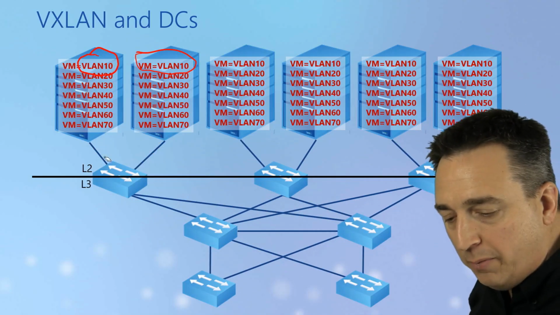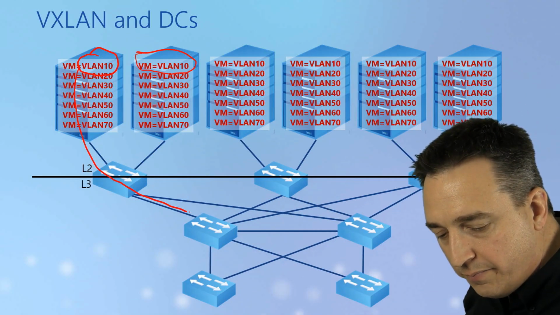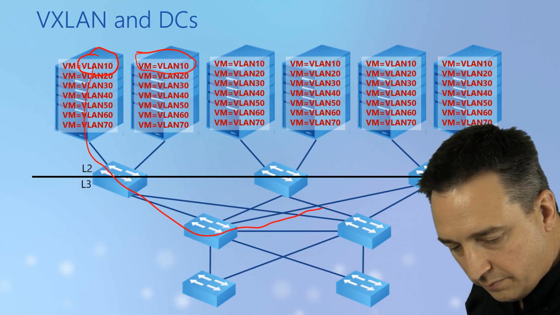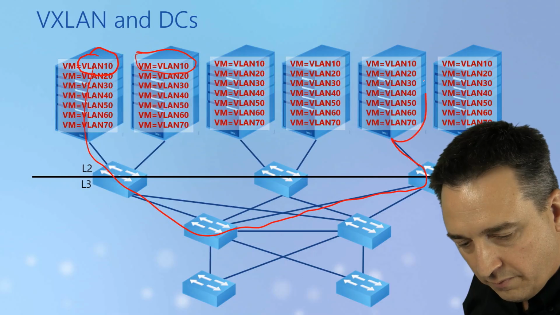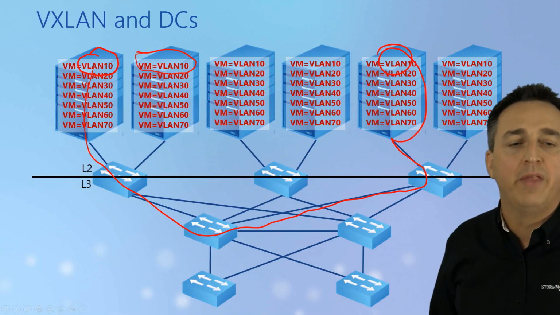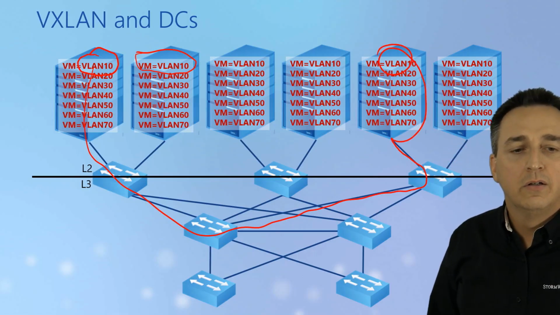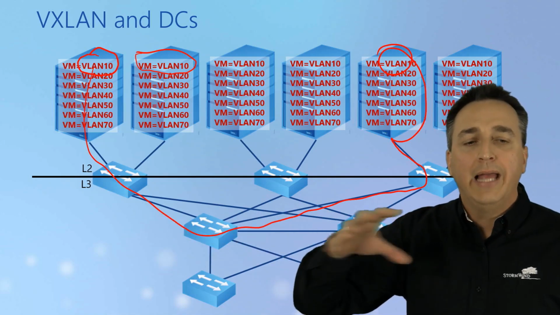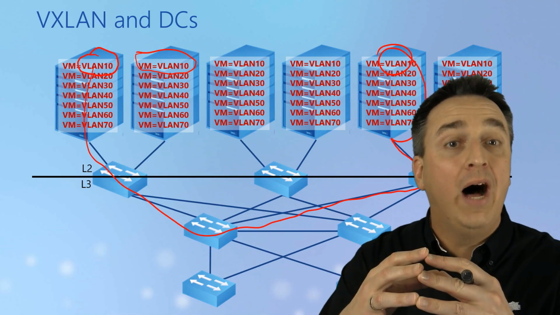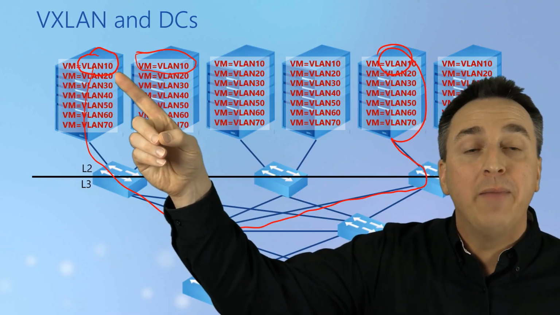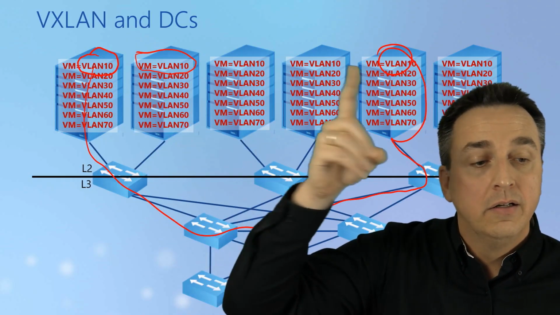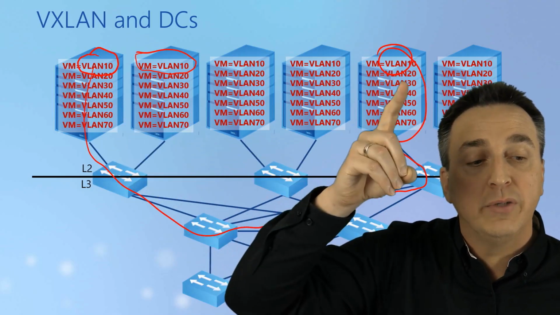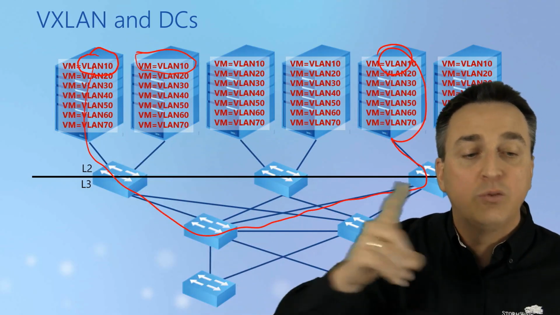But what's the problem if I want to go from here over to here? This layer 3 environment is not going to preserve the what? The frame header of VLAN 10 that is needed by this server, this virtual machine, as the receiver. It's not preserved. This wouldn't work.